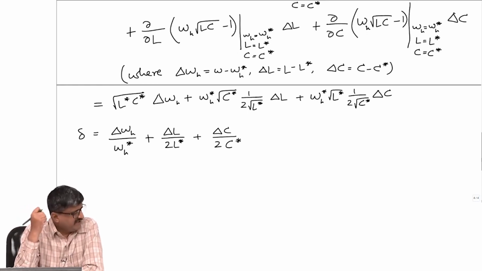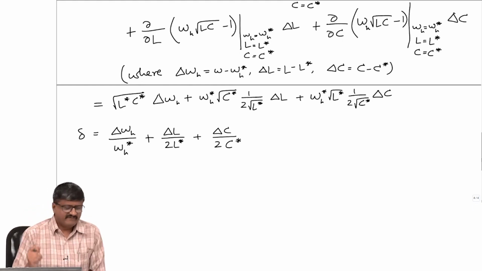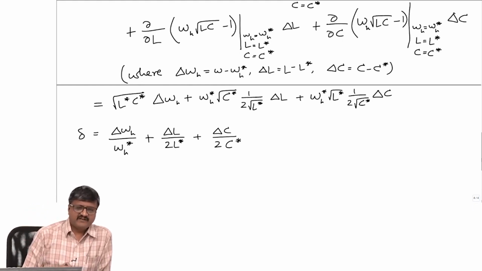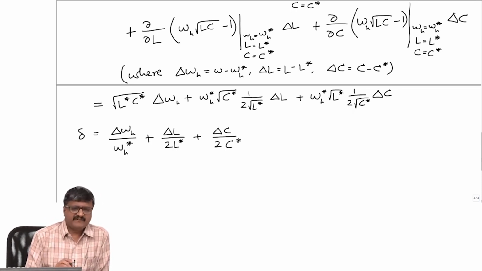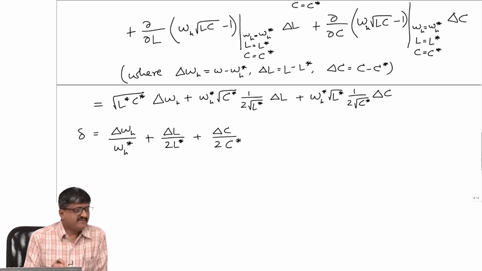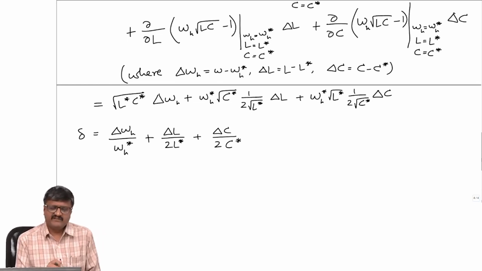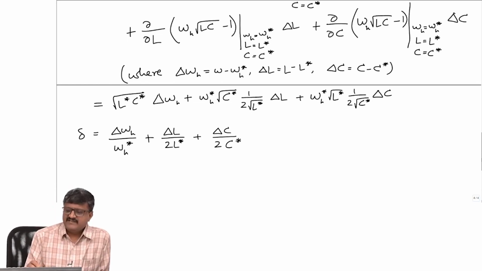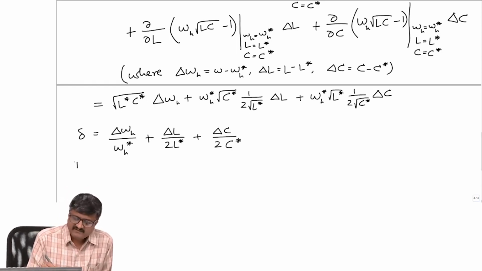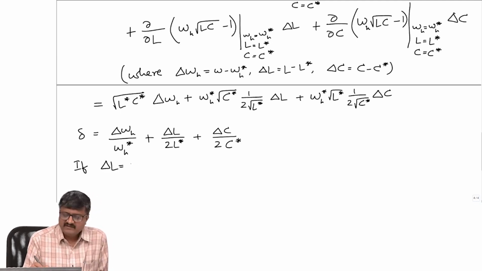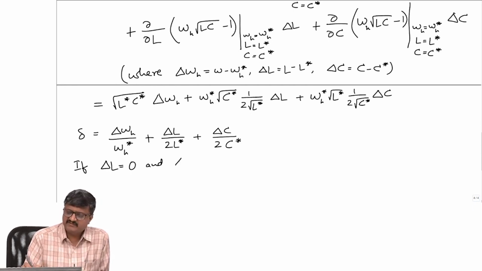So, what we will try to do is design a filter, in fact a single tuned filter for a particular harmonic frequency. So, we will try to do a very simplified design. We will make some assumptions. This is a general expression for delta, but for the sake of simplifying the design, we will assume that the changes delta L and delta C are negligible. So, let us do a simplified design where I will assume that delta L is equal to 0 and delta C is also equal to 0.